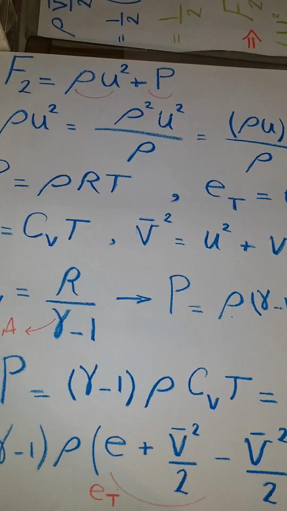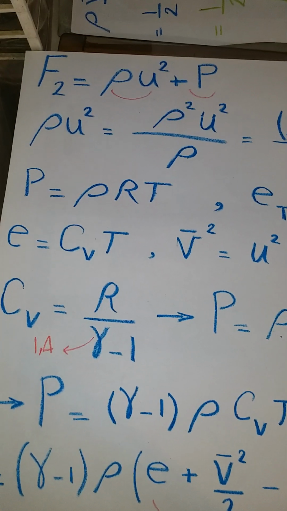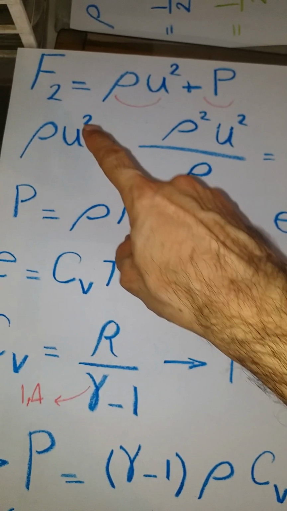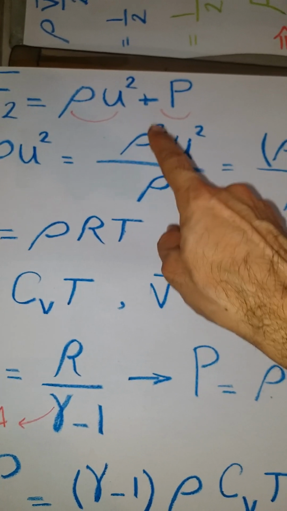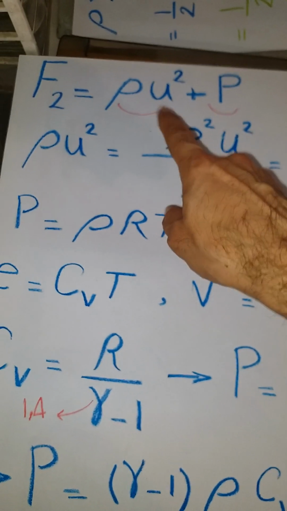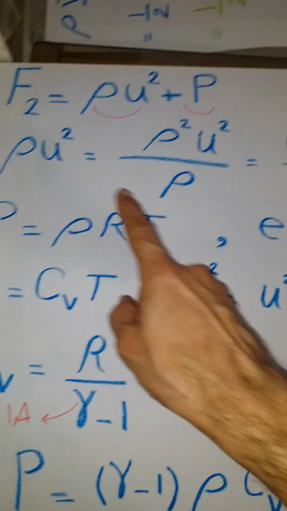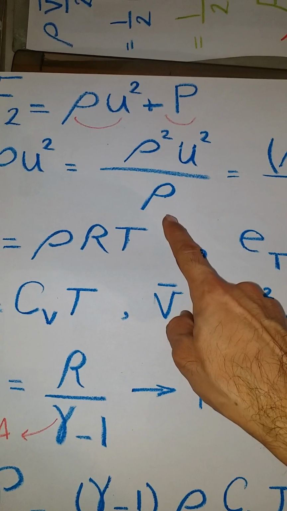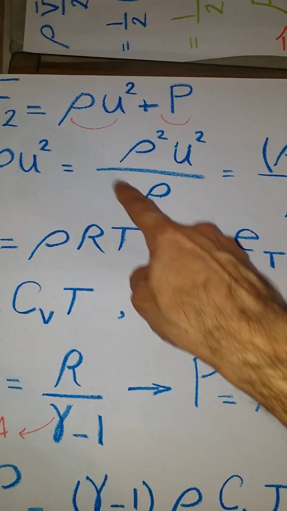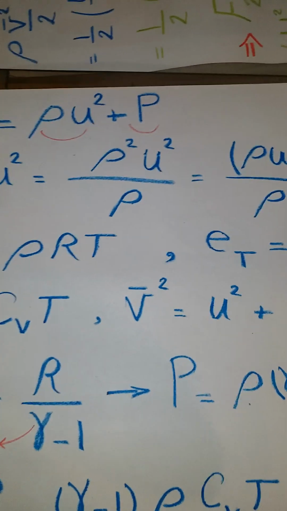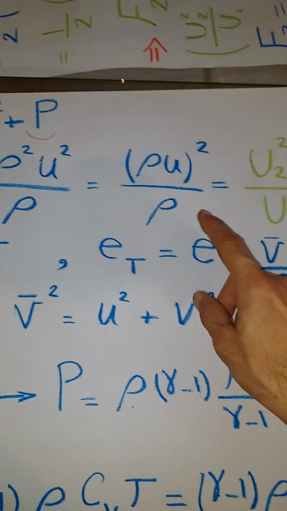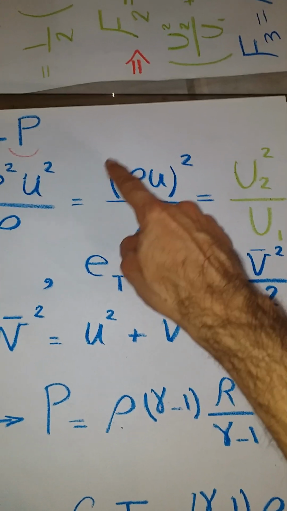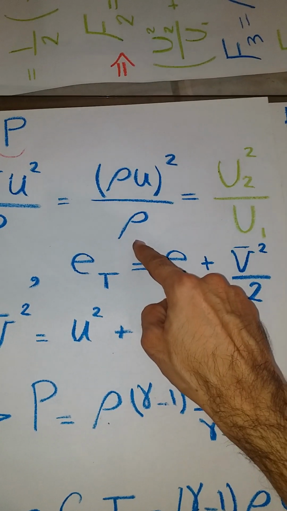Okay, we found F1. Right now we are going for F2. As you can see, F2 is rho U squared plus P. And for the first term, rho U squared, if you multiply this by rho and divide it again by rho, you have this shape of a mathematical operation, and you can put the power for all of it right here.